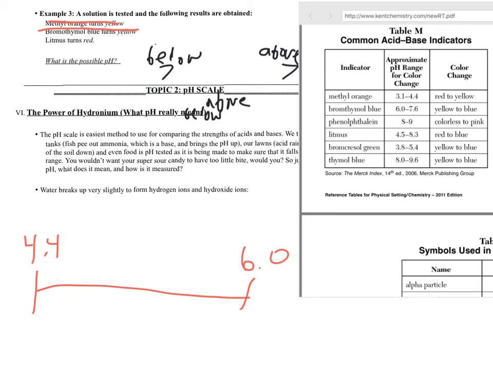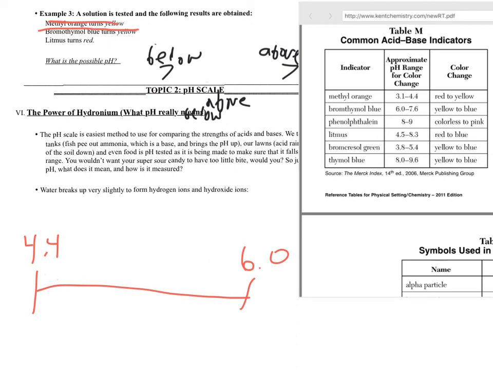It says litmus turns red. So there's litmus. And it turns red. That means it's got to be lower than 4.5. Huh. So that's interesting. That's right over here.